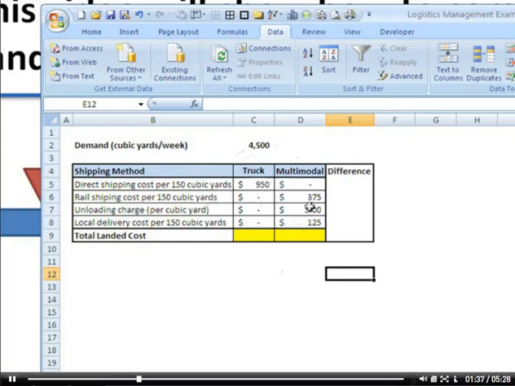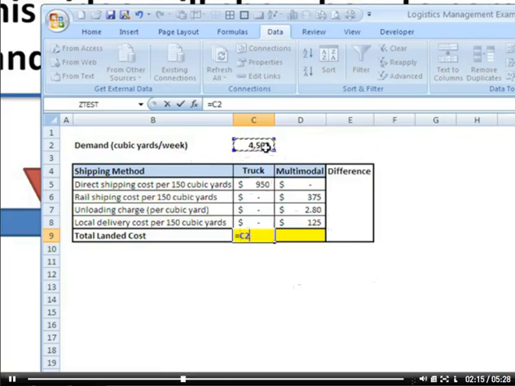It costs $375 to ship 150 cubic yards via rail, with an unloading charge in the book of $2.80 as the initial cost, and a local delivery when we unload the material from the rail terminal in the Portland area onto a truck and then ship from the terminal to the local market. That local delivery is going to be $125 per 150 cubic yards.